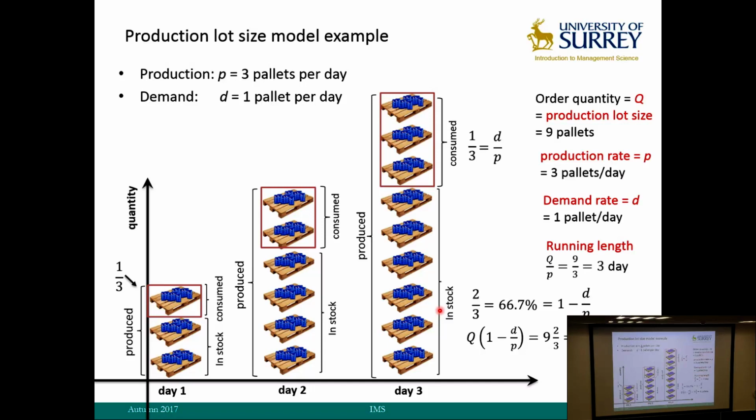So every day we consume D divided by P. So this is the ratio we consumed. 1 minus this ratio is the ratio remained. In total, Q is the total production, so we have Q times the remained ratio. That's actually equal to 6. That's the remaining quantity of inventories after running our production line for 3 days.